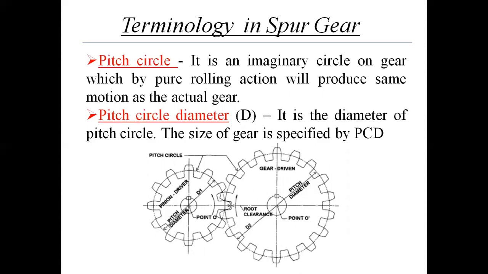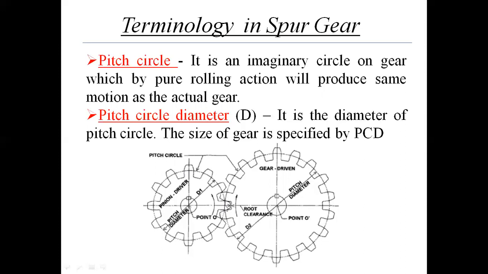Pitch circle diameter: the size of a gear is specified only by its pitch circle diameter. Both the pitch circle of the pinion and the pitch circle of the gear meet at a common point.